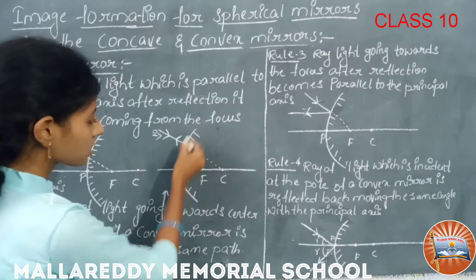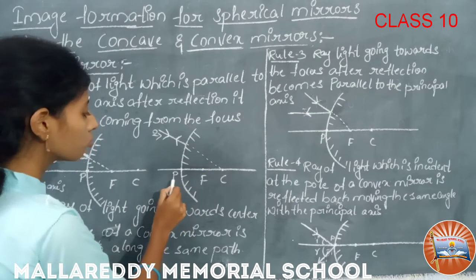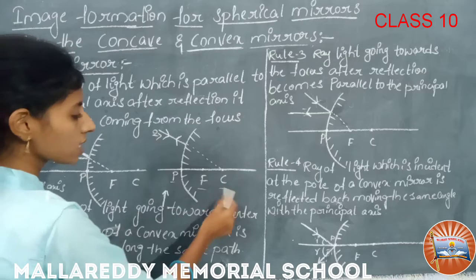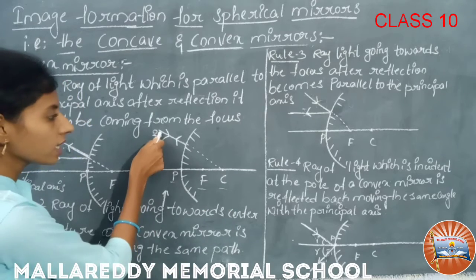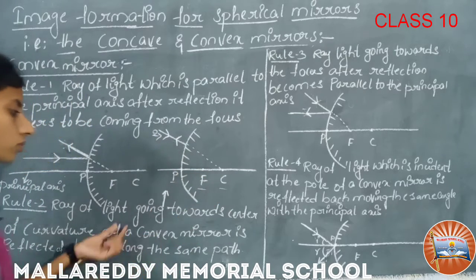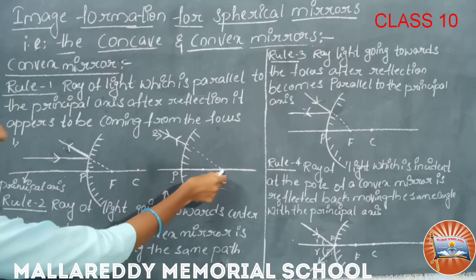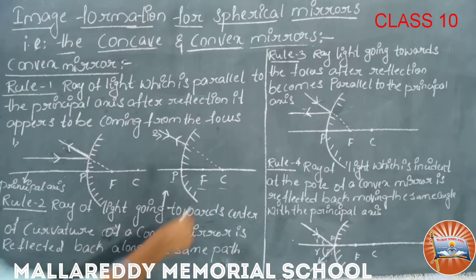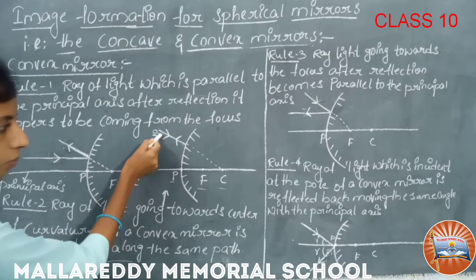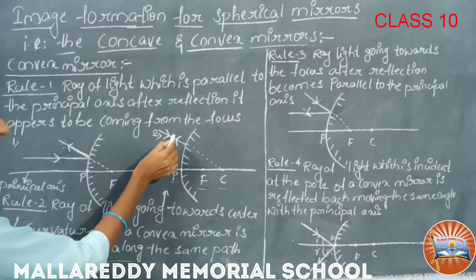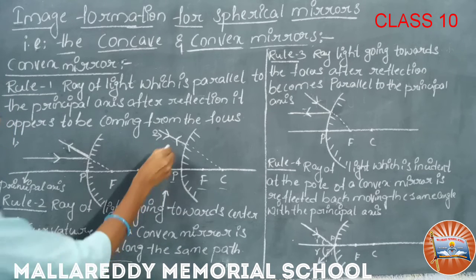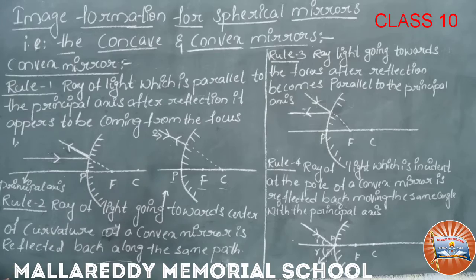We have the principal axis and the convex mirror, with the pole, principal focus and center of curvature. When the incident ray is going towards the center of curvature of a convex mirror, it is reflected back along the same path, right. So this is rule 2.